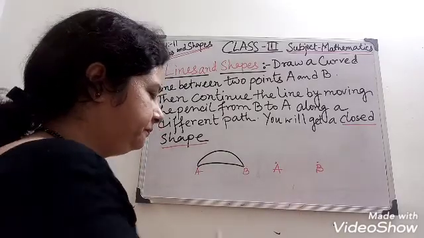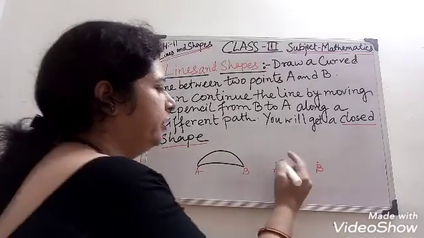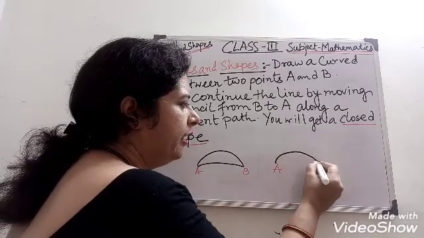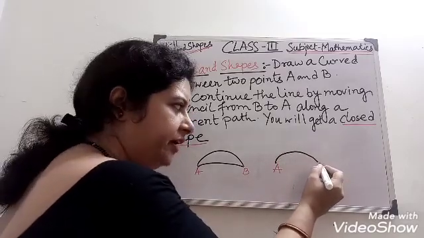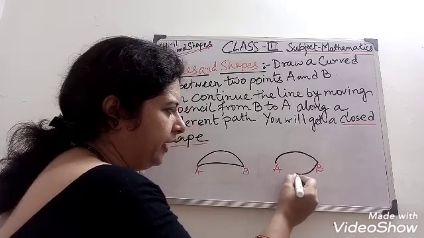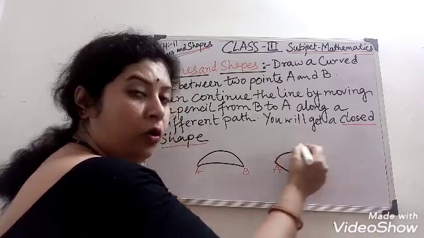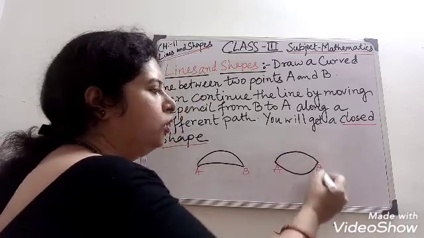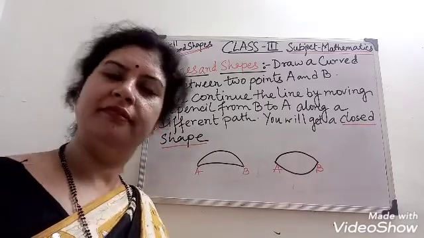From point A to point B and in a different path from B to A. And we will get a closed shape. Clear children?